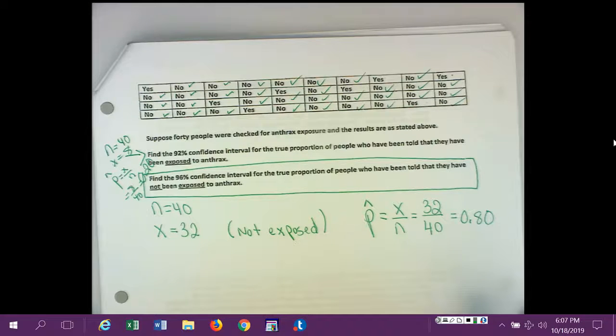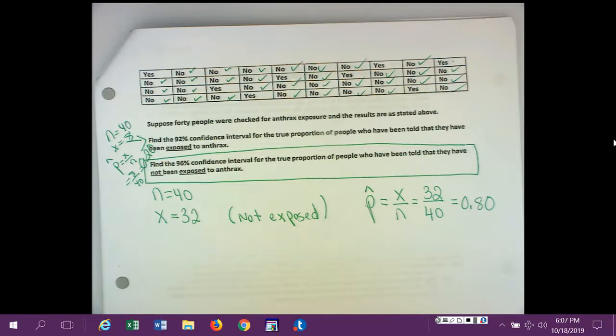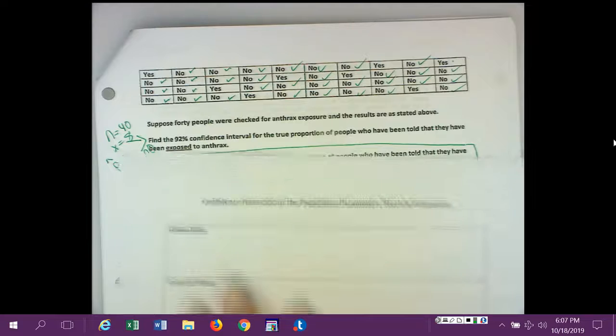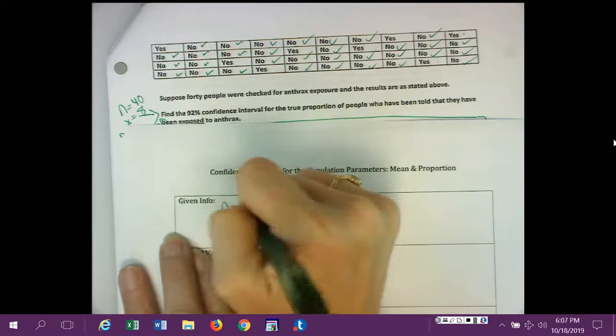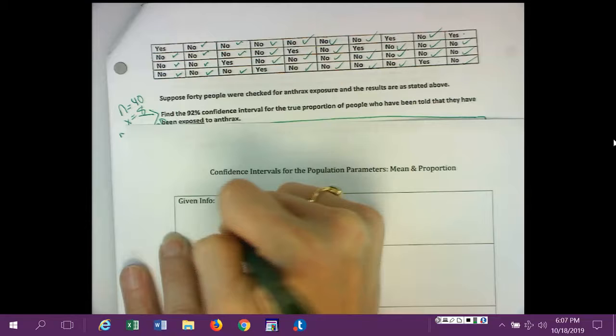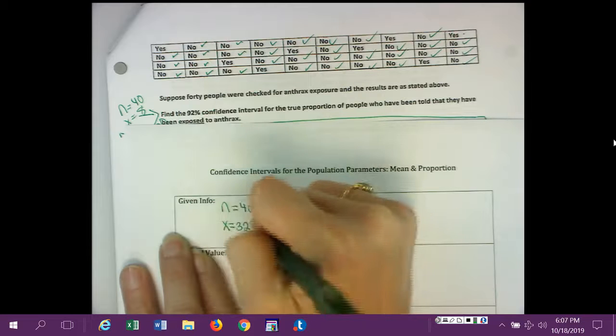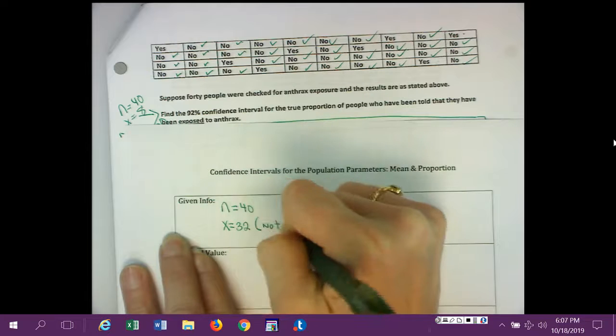Now we're ready for our template. So that we can finish this problem. Again, I just want to focus on this example. Number 2, 32 people were exposed. No, excuse me, not exposed.